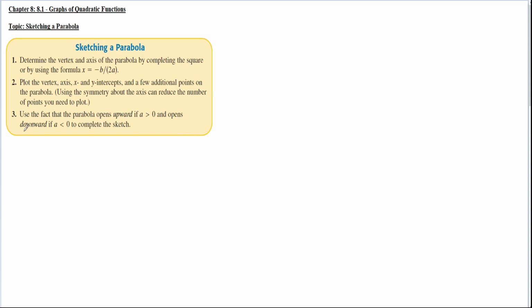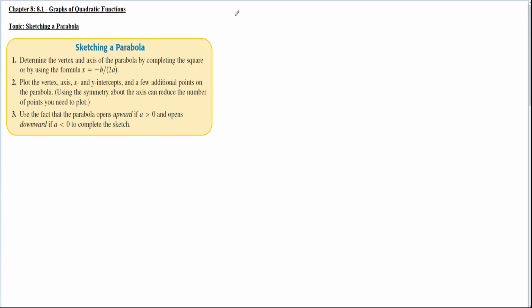And then number three is that we want to use the fact that the parabola opens upward if a is greater than 0, and opens downward if a is less than 0 to complete our sketch. So you can think about this as either a checklist or helpful reminders. Either way though, we're going to be able to sketch our parabola.